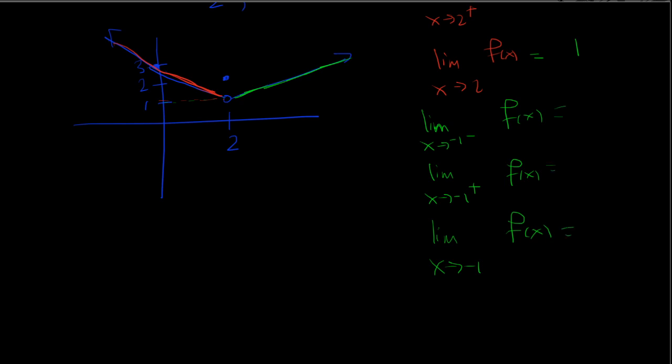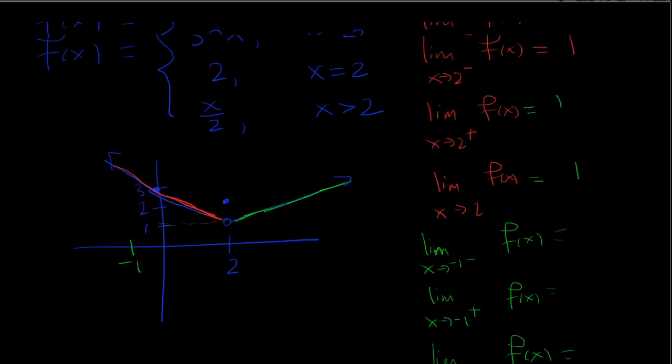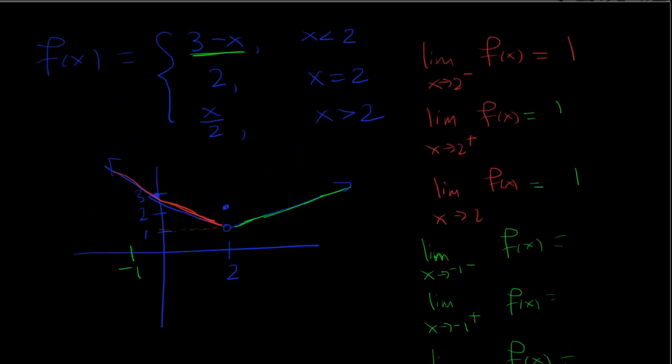Let's see what happens. Negative 1 is on the left here, so we're looking at the function that's to the left of 2. That's the top one right here. So if I plug in x equals negative 1, I get 4. So this point here will be at 4.